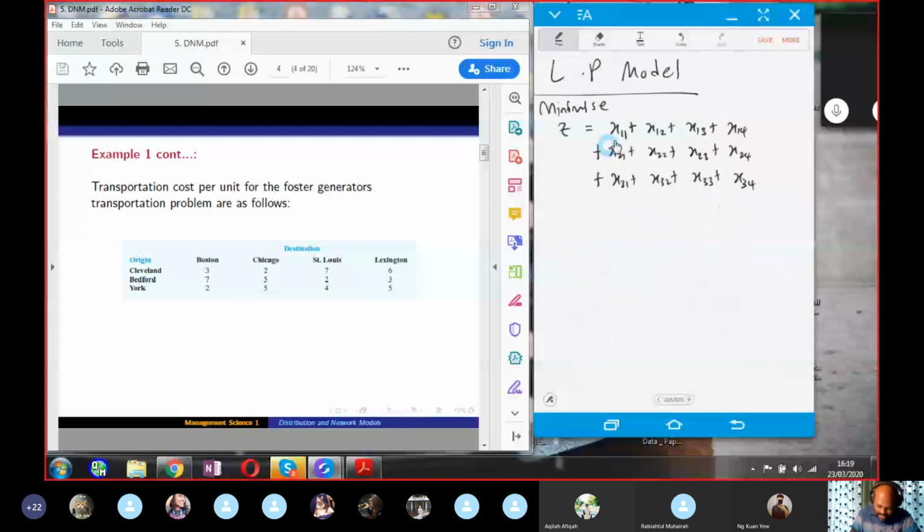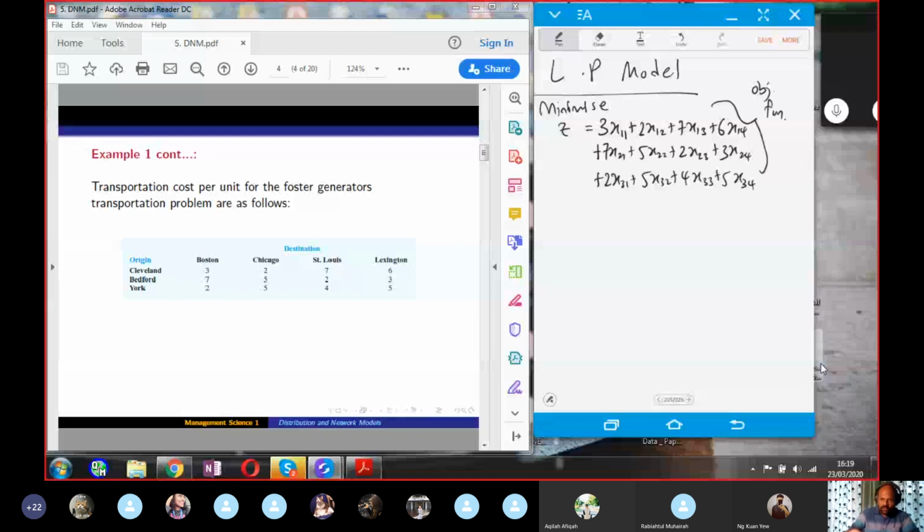X11. So you multiply it by the cost: 3, 2, 7, 6, 7, 5, 2, 3. This is your objective function.